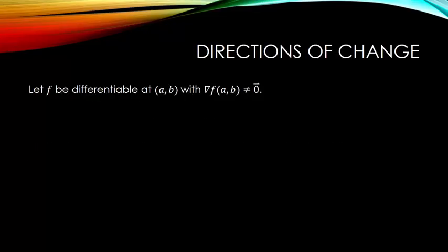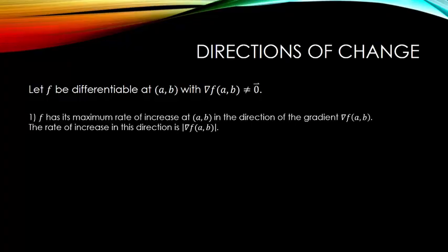So here is a summary about directions. We're going to let f be differentiable at the point (a, b), and we're going to insist that my gradient at (a, b) is not equal to 0. This means that my function f has a maximum rate of increase at the point (a, b), and that increase lies in the direction of the gradient of f evaluated at (a, b).